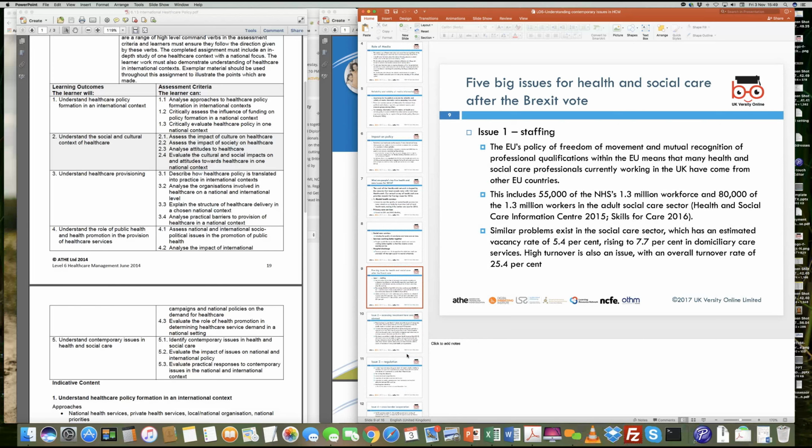Now let's look at some of the issues which could arise because of, say, the Brexit vote. There is a lot of discussion that there are about 148,000 or 150,000 people employed within this sector. Now 55,000 of those 150,000, in terms of the workforce, are from the European Union.